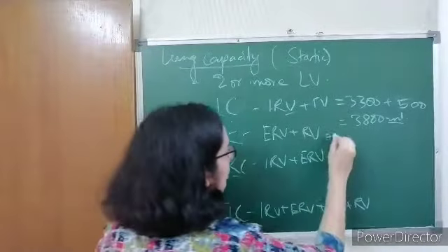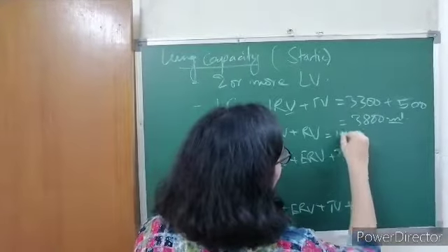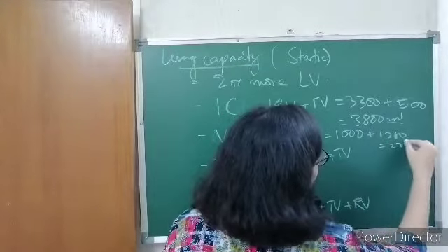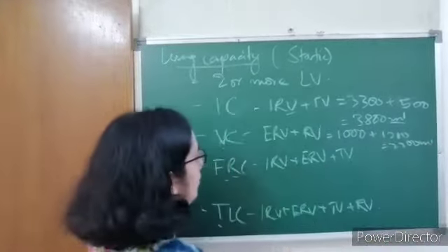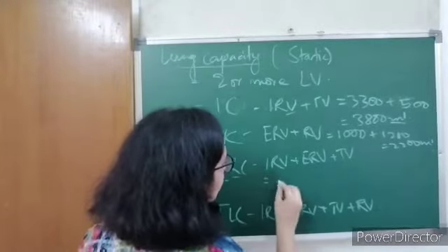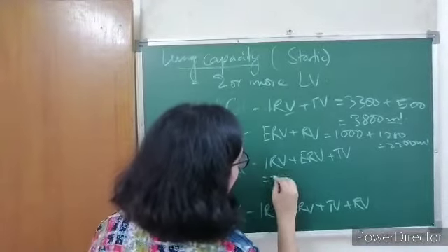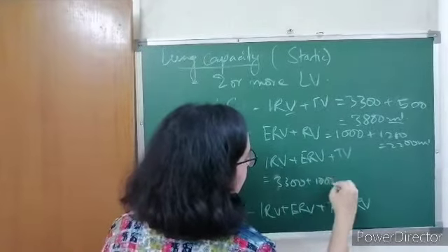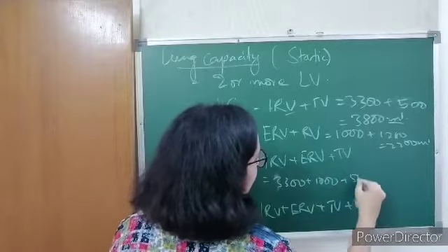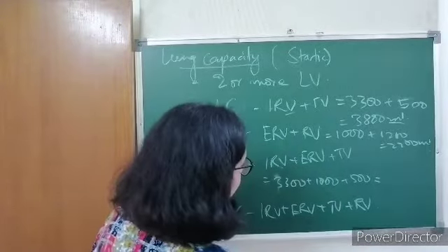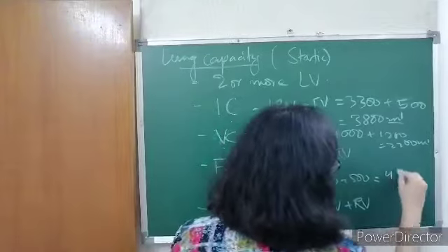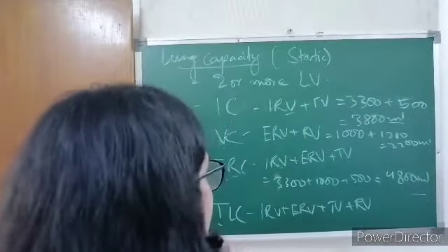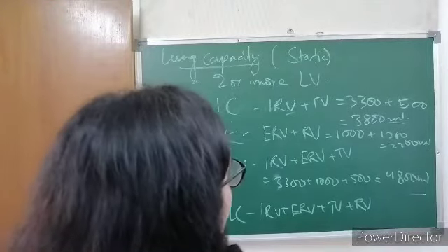Now what is ERV plus RV? ERV is 1000, RV is 1200, you get 2200 as VC. Now what is FRC? IRV is 3300, ERV is 1000, and TV is 500. So in total we will get 4800.